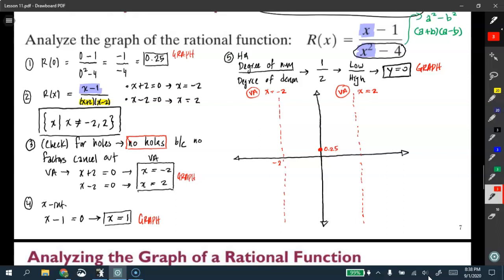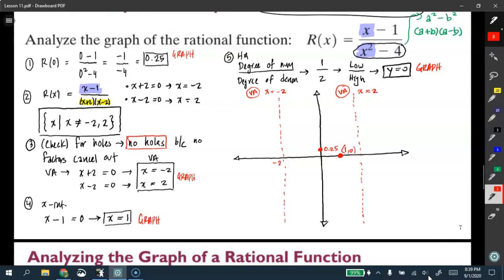The x-intercept is at x is equal to 1. So you're going to go to where x is equal to 1, and x-intercept means where does the graph run into the x-axis. So, you know, middle of 0 and 2 is 1. So I'm going to go ahead and make a little coordinate there, jot it as 1, or more appropriately, (1, 0), right?